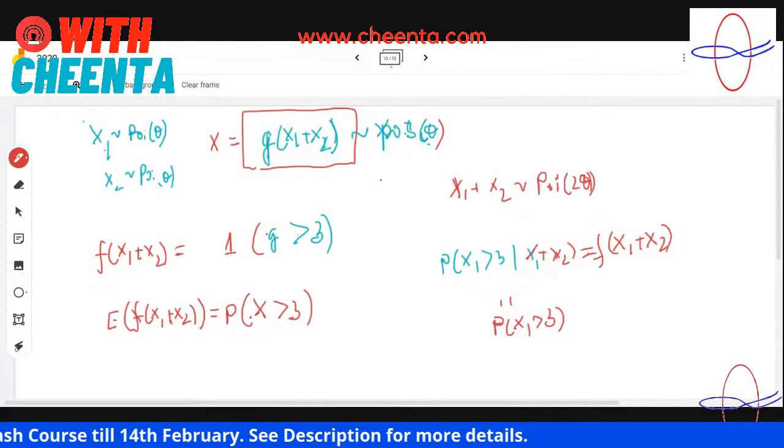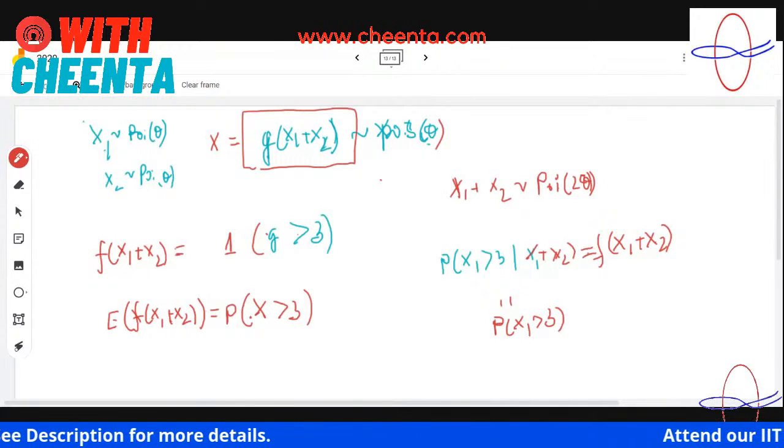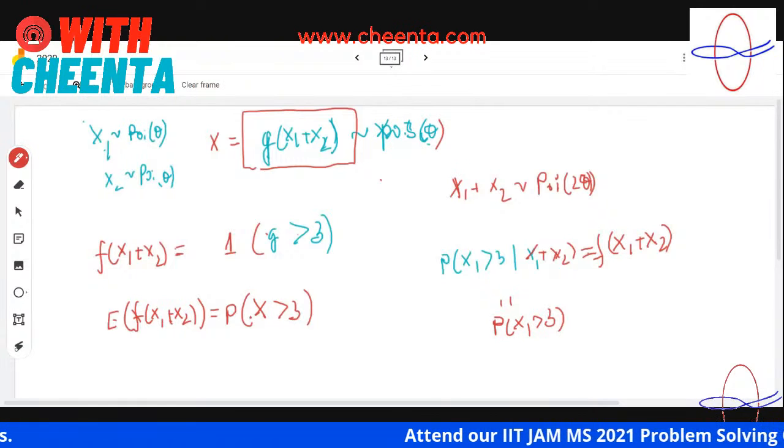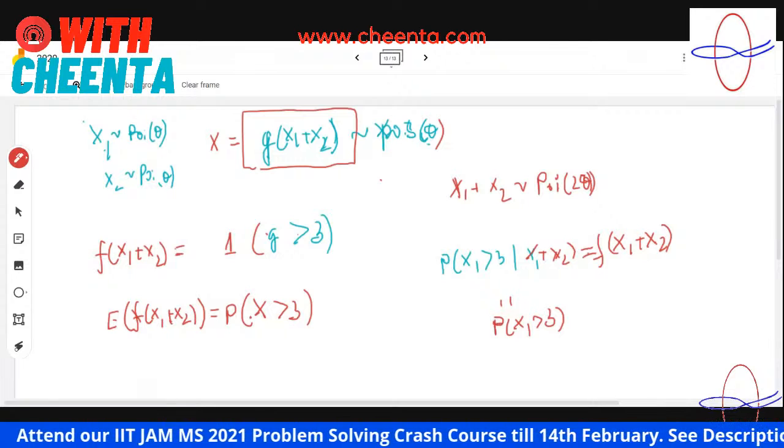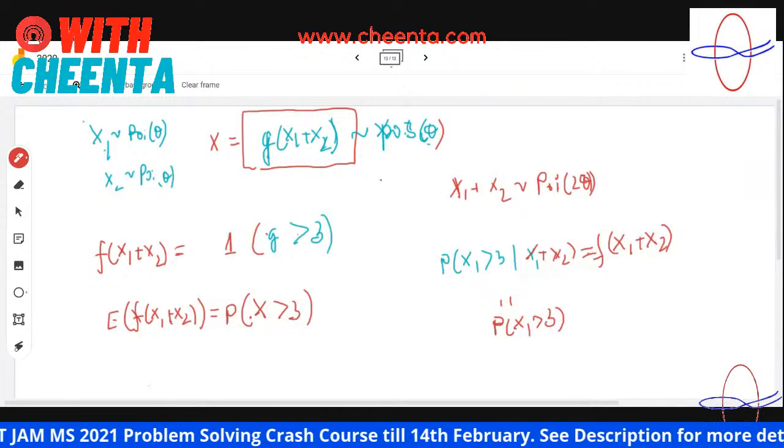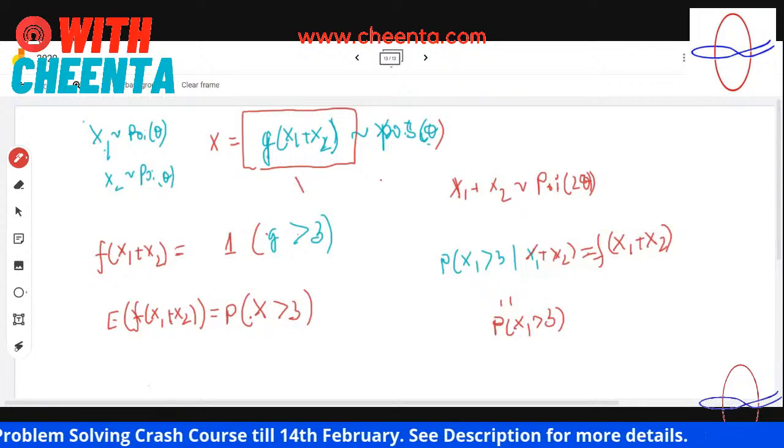So is x1 greater than 3? So therefore we have to denote x1 greater than 3. Okay. So let's see. He's telling this is x1 greater than 3, perfect.